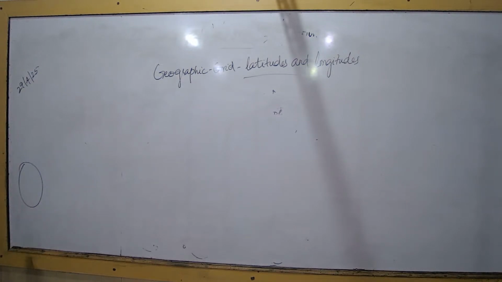So which are the lines and how is this done? We know that a circle, how many degrees are there? One circle is 360 degrees. But here only one part of the circle is visible. Understood?